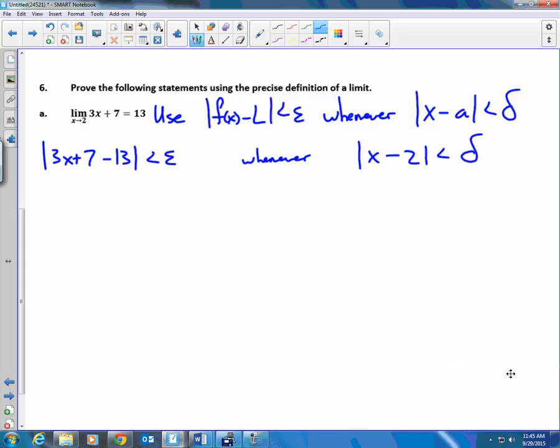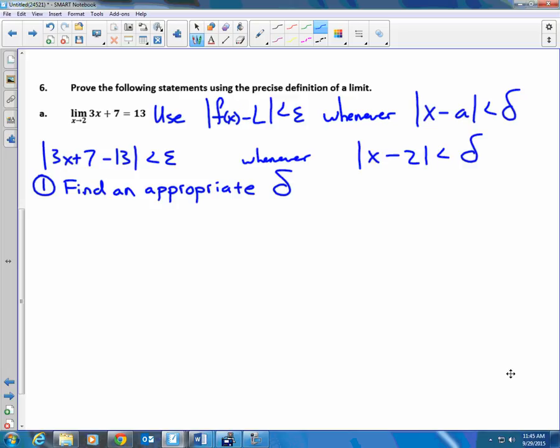At this point, what we need to do is find an appropriate delta.